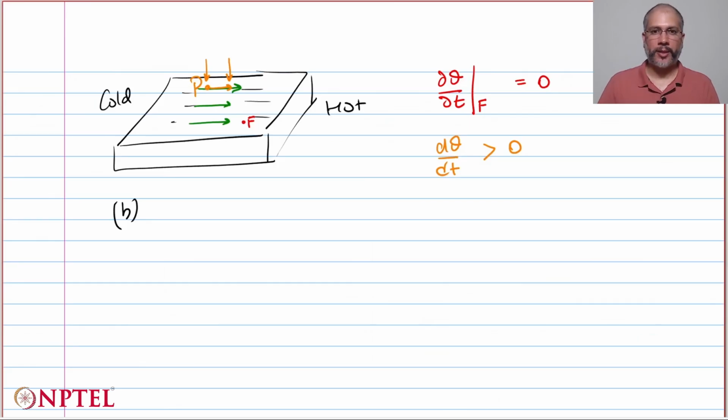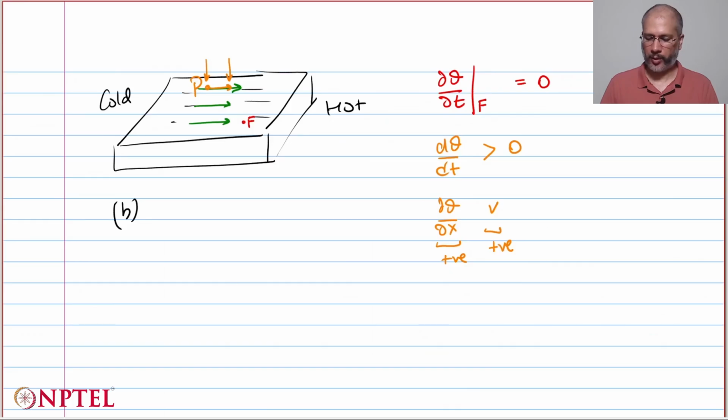So as we saw in the convective part, this was a product of partial theta by partial x, which was the gradient, and the velocity component. So in this case, the velocity is positive, that is from left to right, and the gradient is also positive because the temperatures on the right are higher than those on the left.